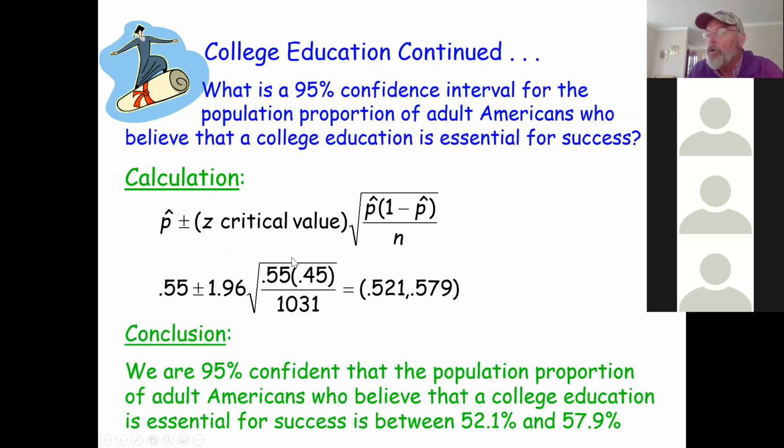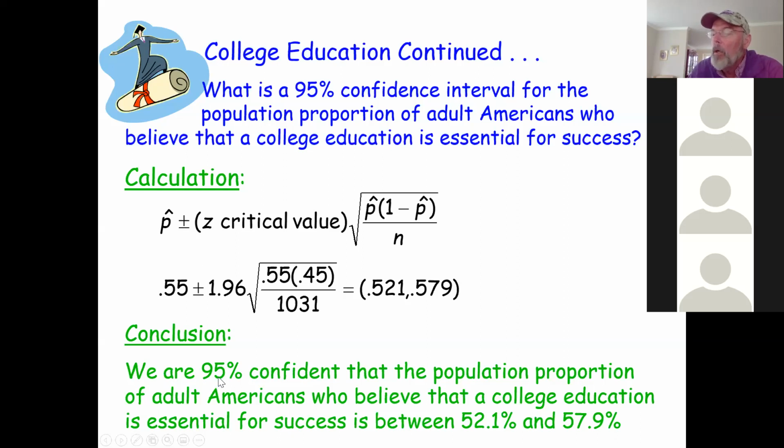So if we were to conclude something here, interpret this confidence interval, we start out with the sentence, and I try to tell people to actually use this type of language.